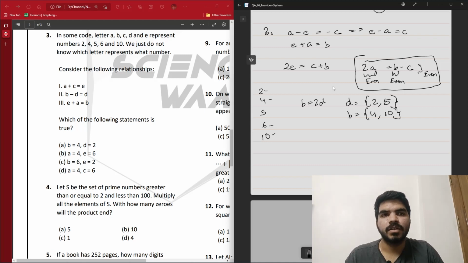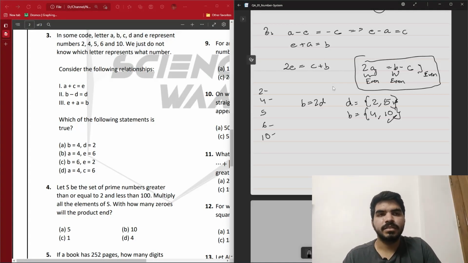That is 2. 2A is 4. 4 minus something, and we do not have 0 with us. 4 minus something can never be 4. In our case, we can simply say now that B will be 10 and D will be 5. We have eliminated the other choices by using the numbers provided to us and that one equation.